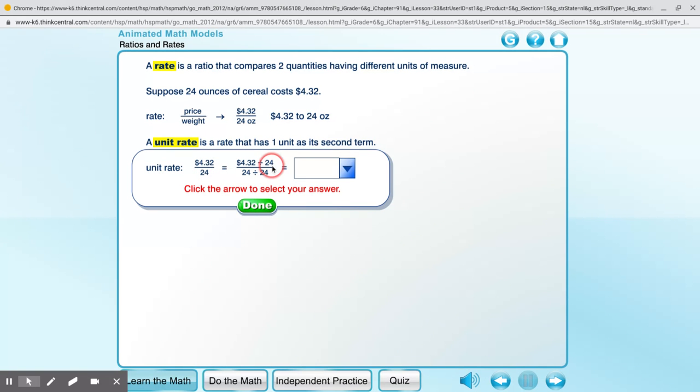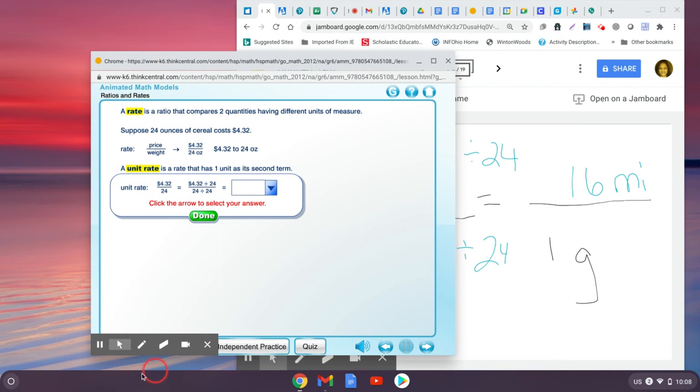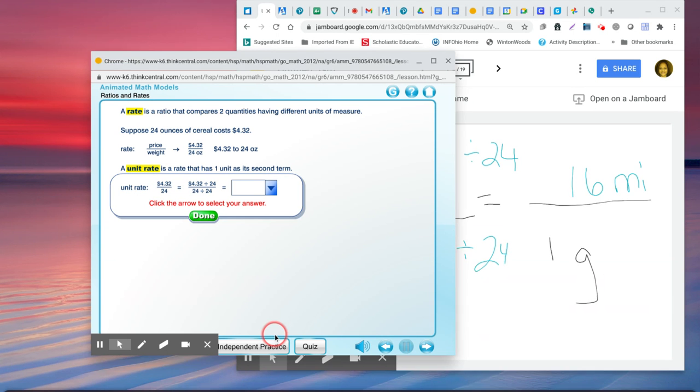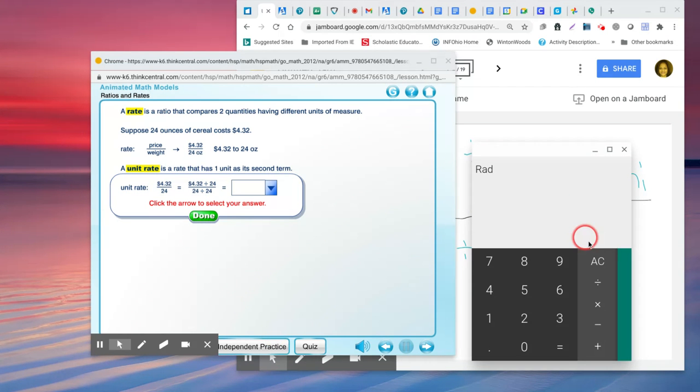$4.32 divided by 24. I do not know that off the top of my head, so let me pull up my calculator. If I had paper and pencil, I can figure it out because I know how to divide decimals, but that's next unit. 432.